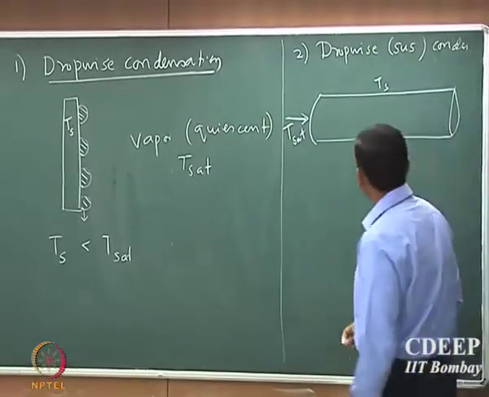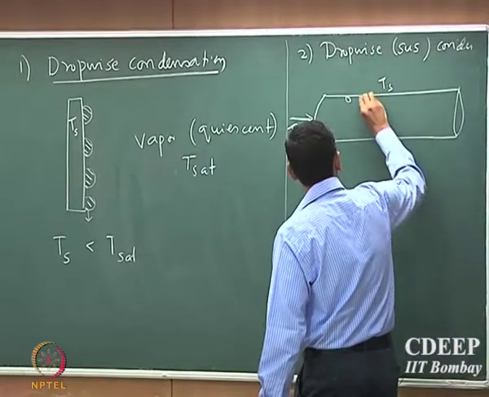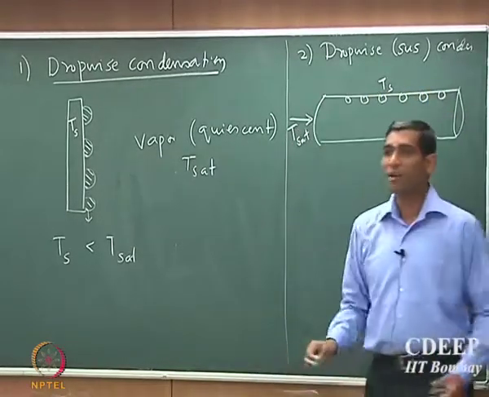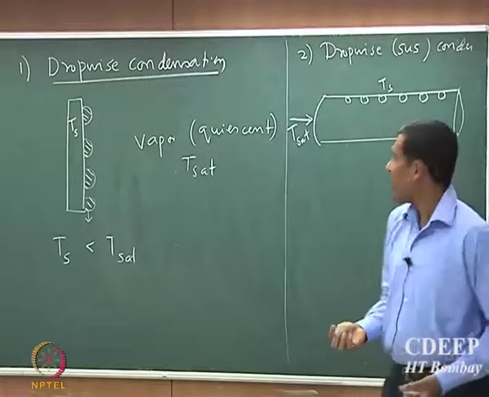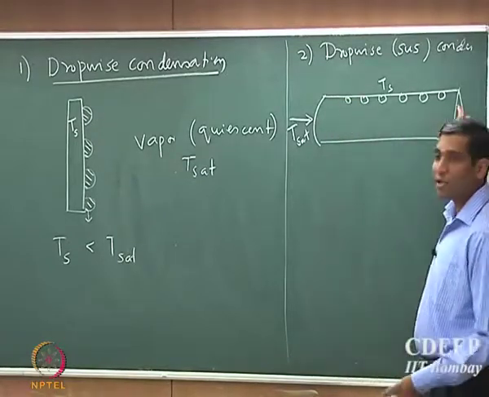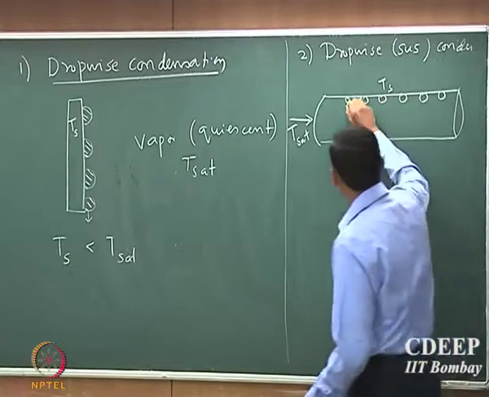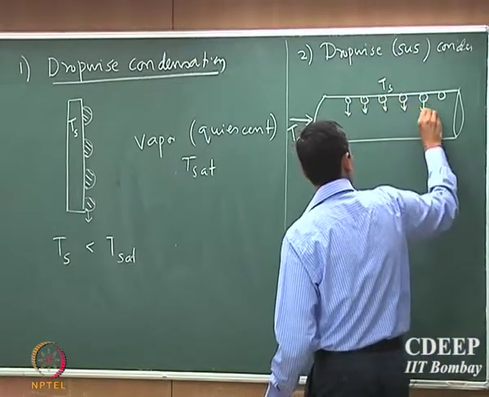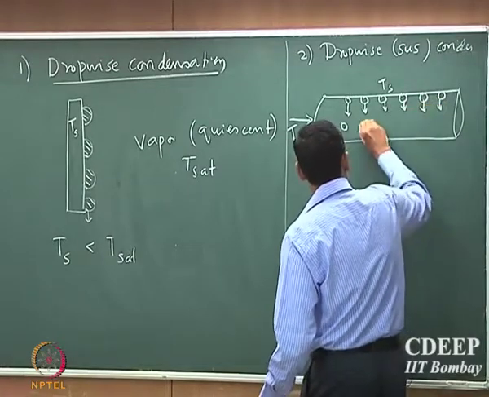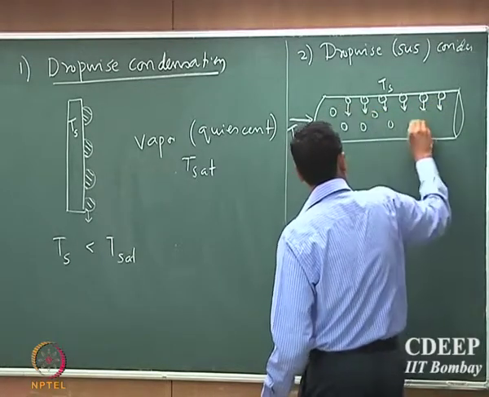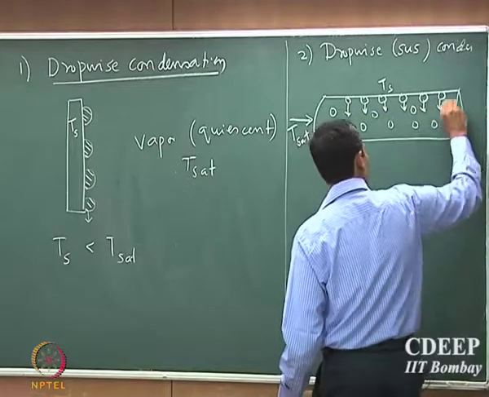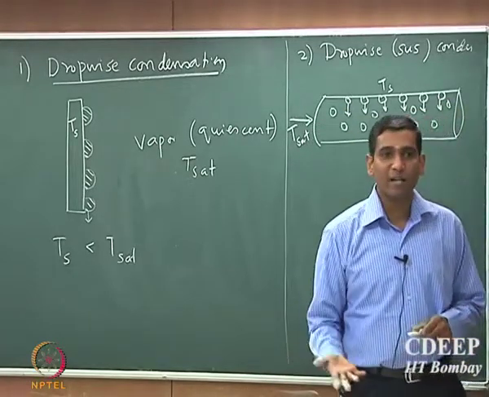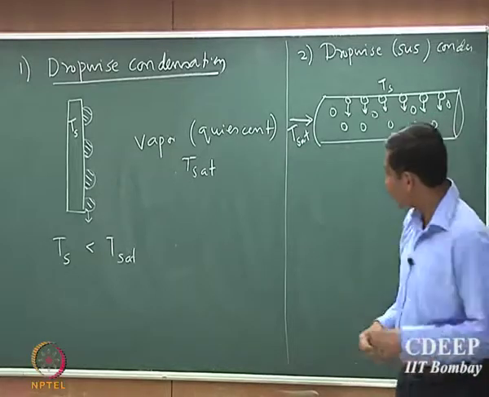Now, the drops will form along the curved surface of the tube, and note that this is a horizontal tube. They will detach and drop into the vapor, and so now you will start having these drops which are suspended inside the vapor. So, this is the dropwise suspended condensation process.